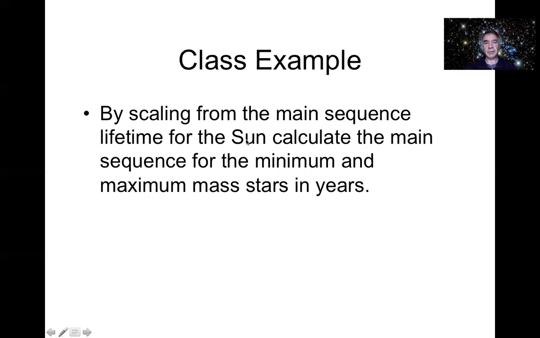The main sequence lifetime for the sun in years was 10 to the 10. Just calculate the main sequence lifetime for the 0.08 solar mass star and the 100 solar mass star in years, by scaling using their masses according to that equation. Have a go at that, and we'll see you after a bit.